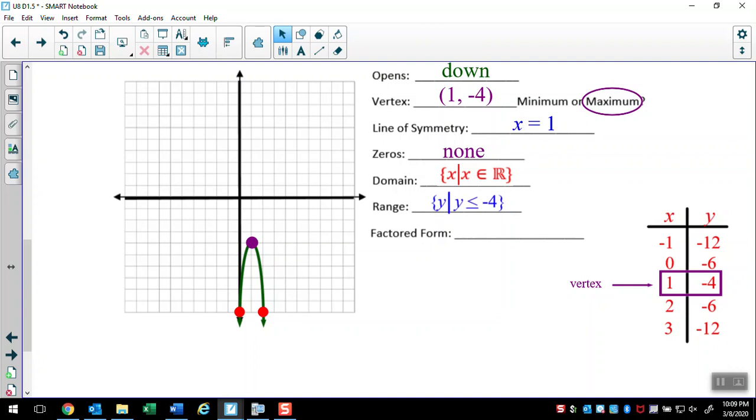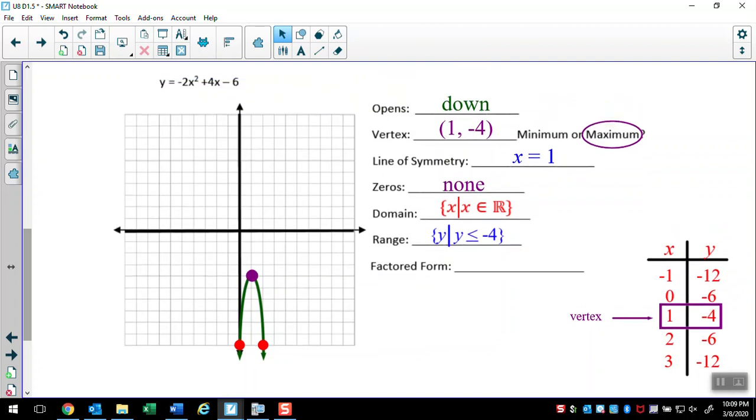My factored form, well, I don't have any zeros, so I'm not actually going to have any real factors. But if you remember back to last unit, the first step to factoring is always looking for a greatest common factor. And if I come up here, I notice that I do have a greatest common factor, and in this case, it's 2.